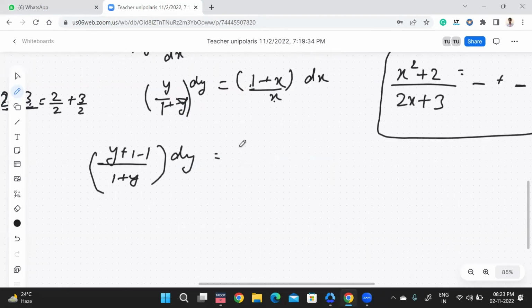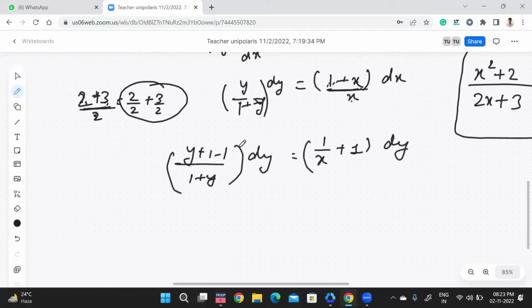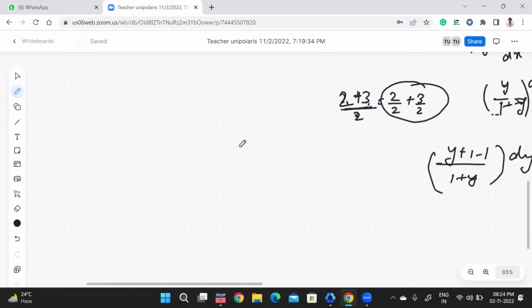So here also we have a common denominator x on both the terms 1 and x, so we can write it as x plus 1 over x. Here we don't have to do plus minus, because the denominator is less and the numerator has more terms. So in this case, just write it like this. But here we can see that the denominator has more terms and the numerator has less terms. So see, there is a difference.